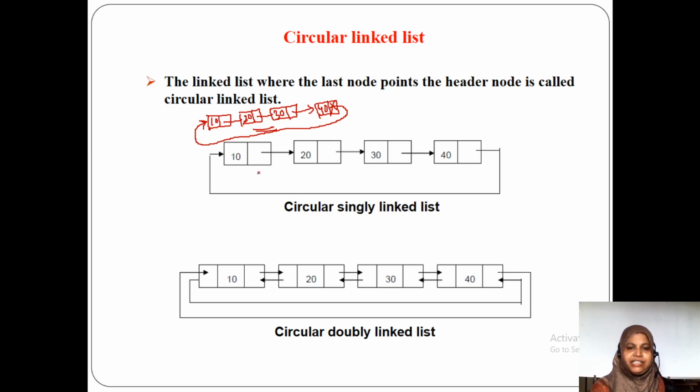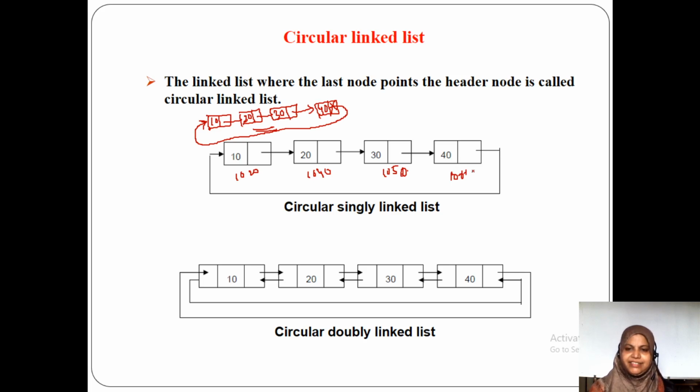In 10, what are we going to save here? The address of the 20. For example, 101, here 1020, 1040, 1060, 1050, 1060 is there, right?